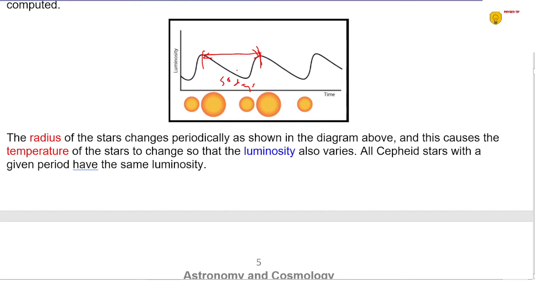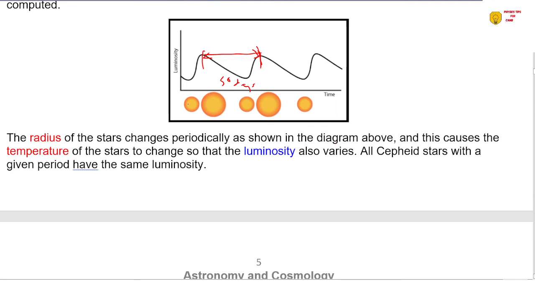Such Cepheid variable stars would behave the same, like the same type. We've got type 1 and then type 2, or type 1a and type 1b maybe, of these Cepheid variable stars. So each of them behave the same way. So that is how they came to know about the luminosity of these Cepheid variable stars.